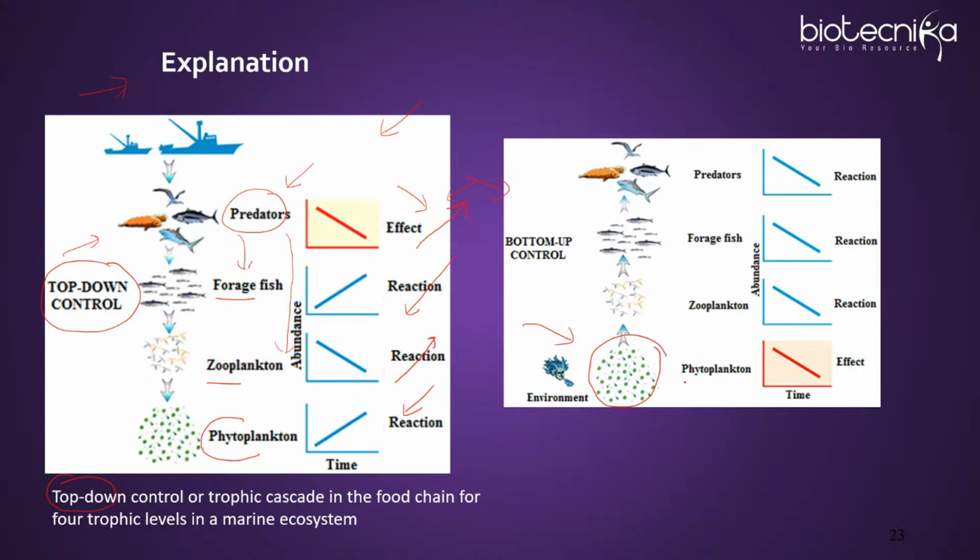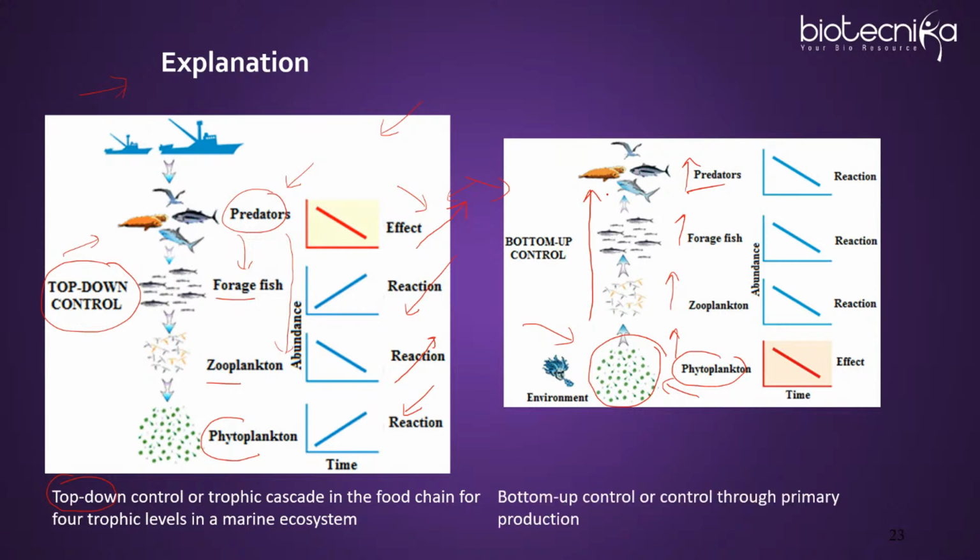Suppose I am adding more nutrients here, as mentioned in the question, more nitrates or, let us say, phosphates. What will happen? The growth of phytoplanktons will increase. Zooplanktons will also increase. Small fishes will also increase. And so will the predators. So this is known as bottom-up control.